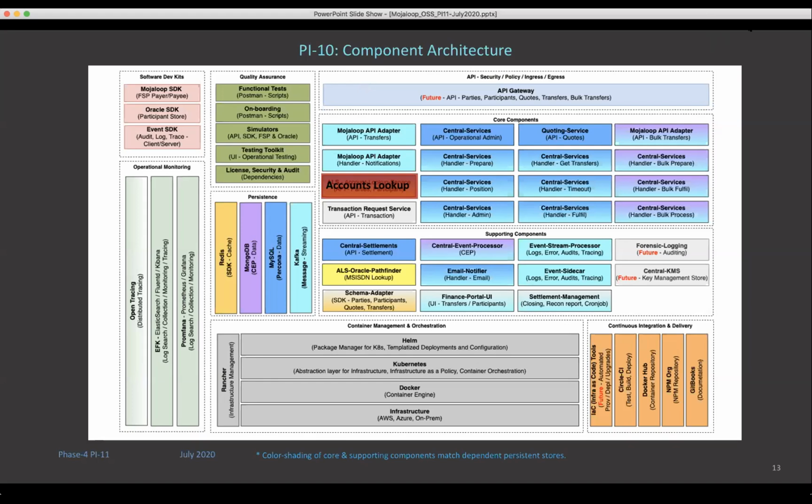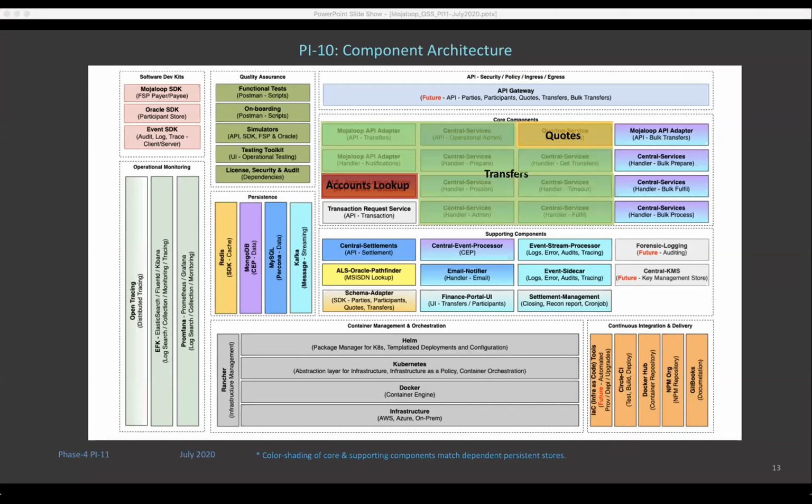Basically, we have the main components, which is in the box called core components, and that is the main focus of the open source Mojaloop capabilities. Inside there, we have all the microservices that provide the main functionality of the API and the specification, specifically around the account lookups and the transfers, which you can see are broken up into many smaller pieces, including things like the ML API adapter, as well as the handlers, which are able to process the individual stages of a transfer.